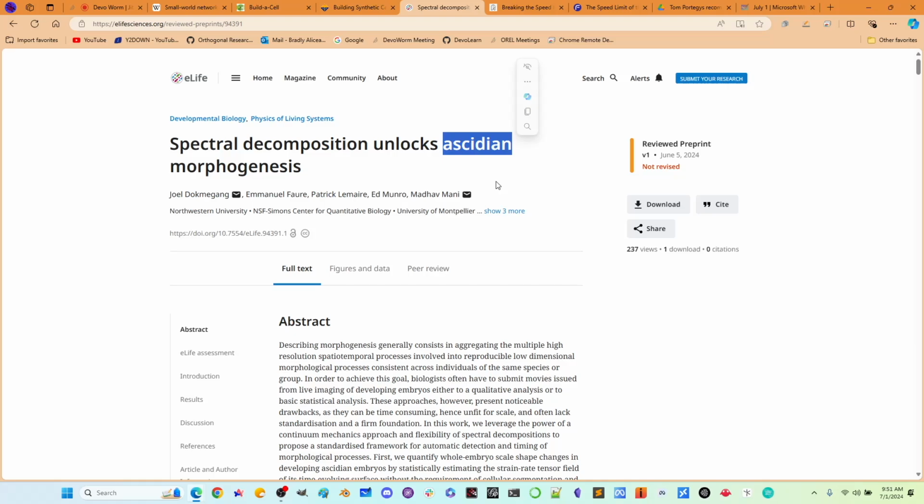And fortunately, we have a lot of data on this early stage of Ascidian morphogenesis. And it's something that we've explored in papers in the group here. We had a paper from 2016 where we compared Ascidian morphogenesis and C. elegans morphogenesis.